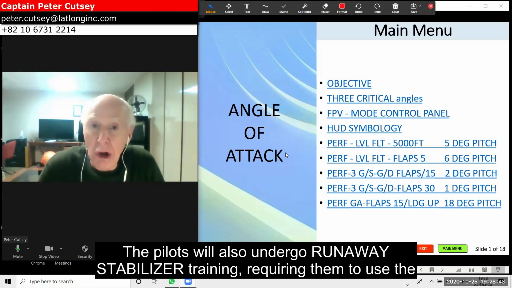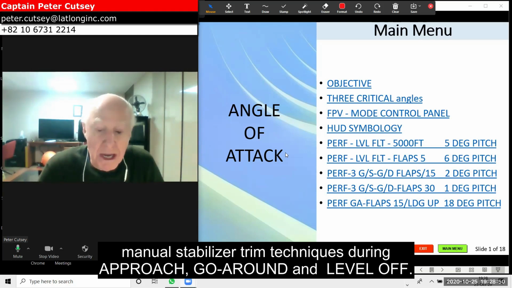The pilots will also undergo runaway stabilizer training, requiring them to use the manual stabilizer trim techniques during approach, go around, and level off.